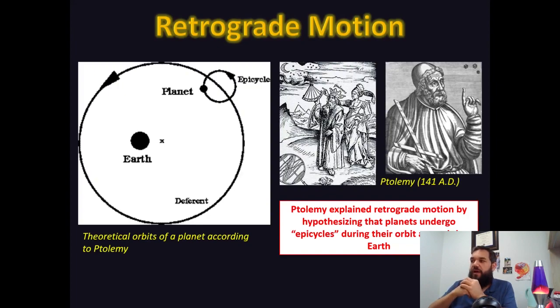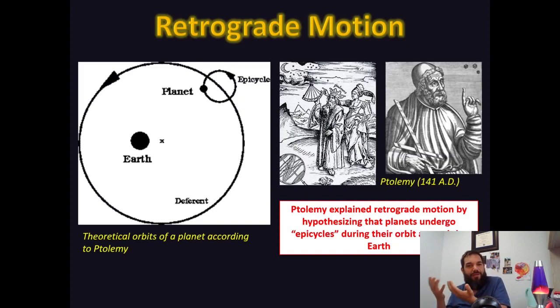Now, Ptolemy tries to explain retrograde motion by hypothesizing that planets undergo epicycles. So while a planet goes around the Earth, it's also simultaneously going in these spiraling orbits, like an orbit within an orbit as it goes around the Earth. And that's how he tries to explain retrograde motion. So Ptolemy's contribution is maybe an anti-contribution, but he's trying to reconcile the geocentric model with retrograde motion.